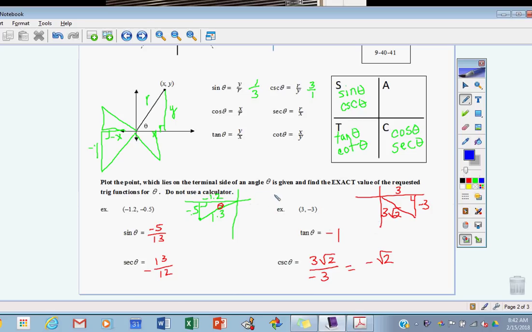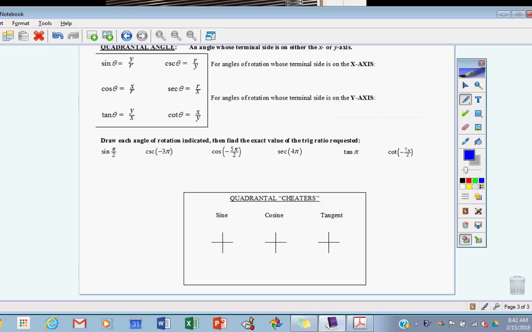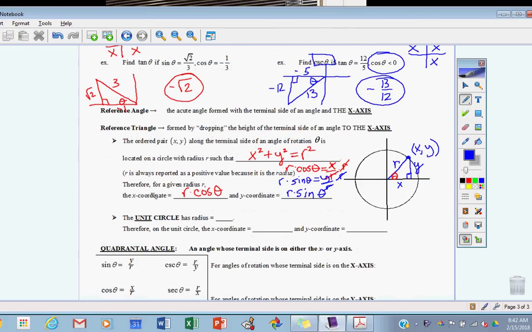The concepts we're talking about with ratios and trigonometry are all the same, but the radius of this circle is 1.3, and this radius is 3 root 2. That's not technically the unit circle. When I talk about the actual unit circle, it means it has a radius equivalent to 1 unit, whatever that is.